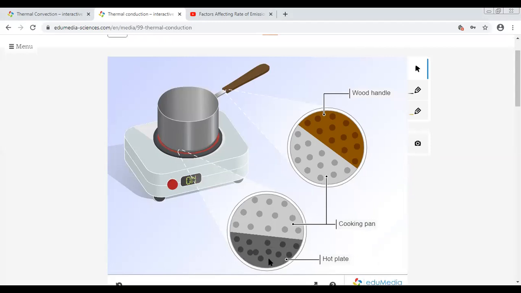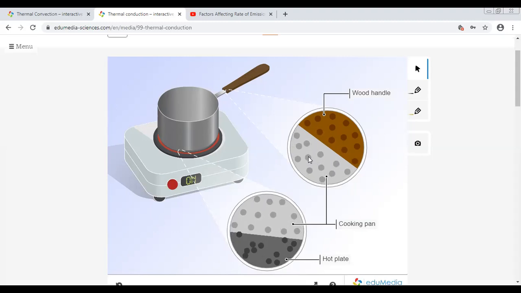Then they transfer the increase in kinetic energy to the other molecules from the hot plate to the cooking pan. Then after, it is transferred also to the metal that is attached to the wooden handle. So as you see, metal is a good conductor.